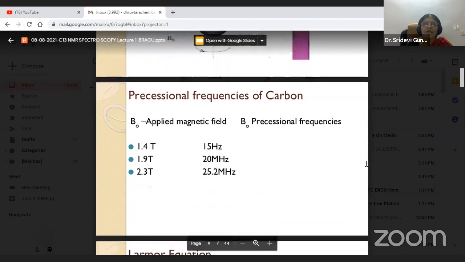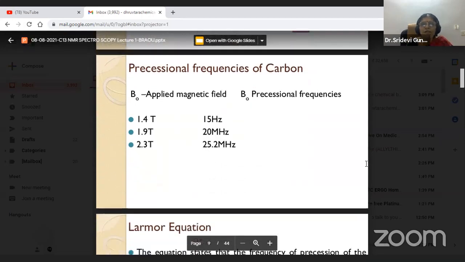Okay, so I told you, nuclei are spinning around their own axis, and they are precessing, meaning going around the axis of the applied magnetic field.